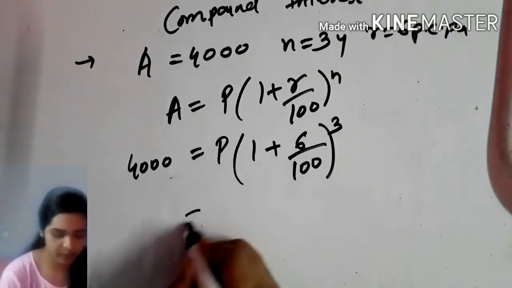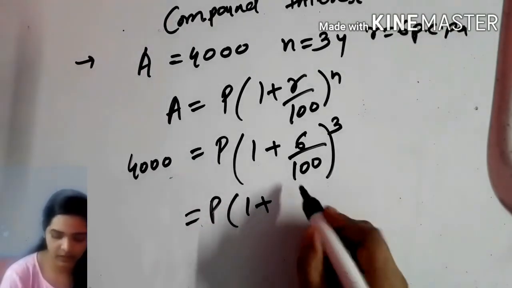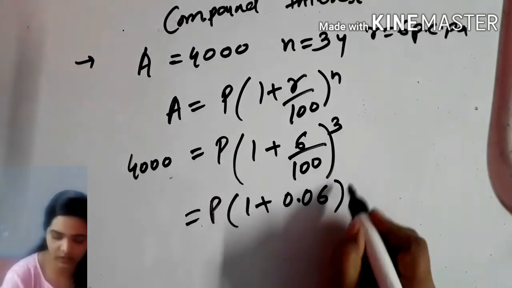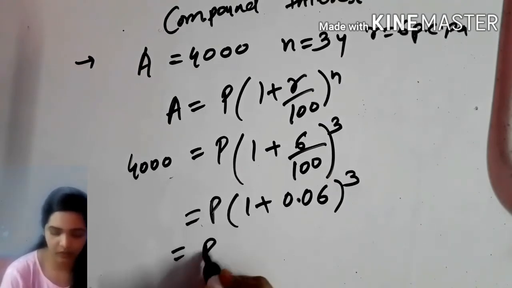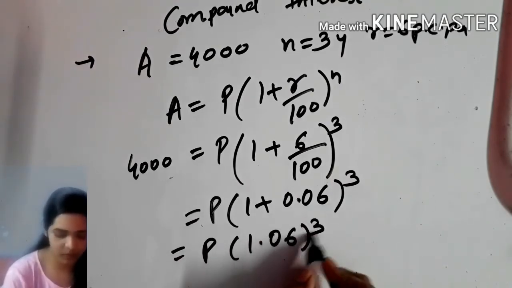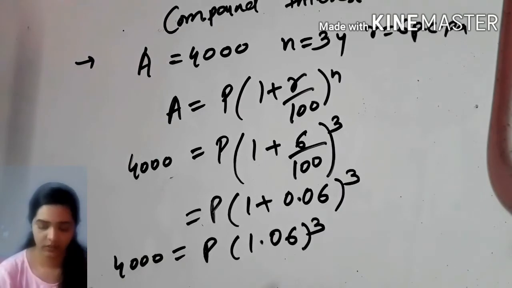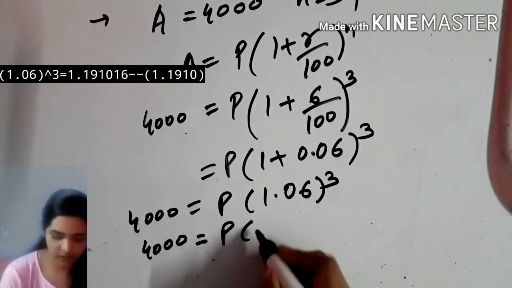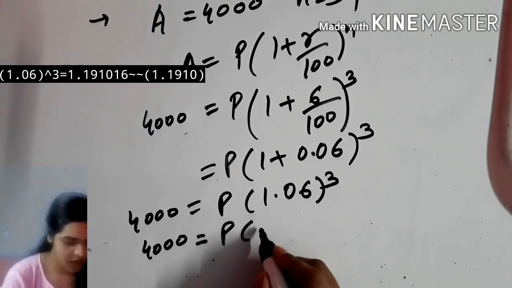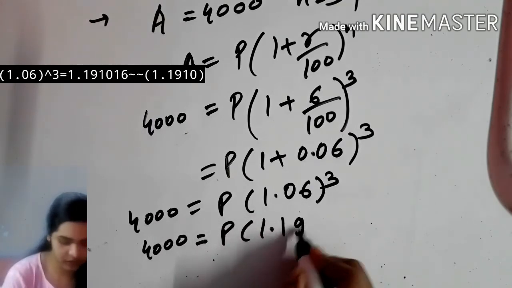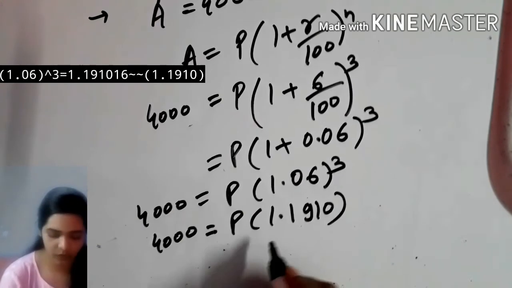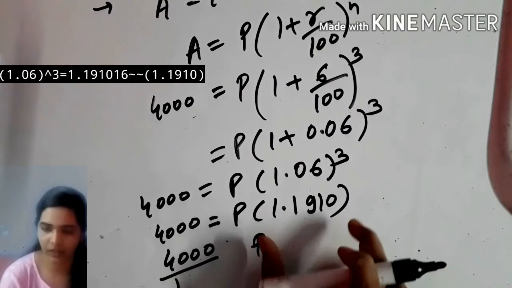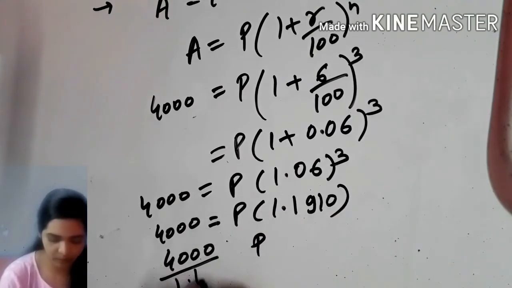On the calculator, P into 1 plus 0.06 raised to cube, P into 1.06 cube, then 4000 is equal to principal. Now its cube is 1.1910. So for calculating principal, 4000 upon this, since it is in multiplication, it will go in the denominator.